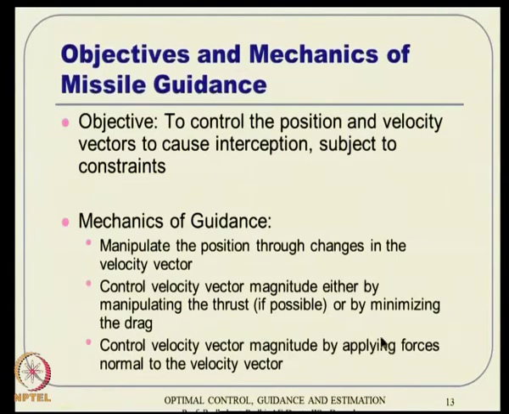You can also control the velocity vector direction, sorry, this is not magnitude, but direction. That is what is done typically, largely by applying forces normal to the velocity vector, and that is where the course corrections happen.